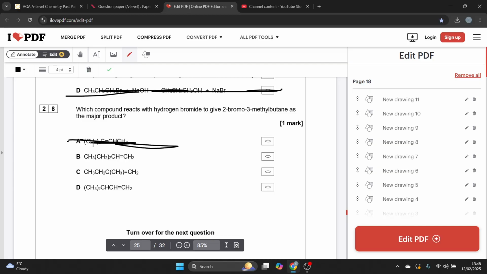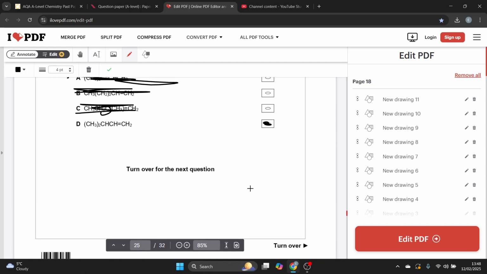Yeah, definitely not. Second one, 2-bromo, but then the third one I've got CH2, so that's not methyl on the third carbon. This one, 2-bromo, same thing. I'm not going to have the methyl on the third carbon. It must be D, if I look, that's 2-bromo. And then on the third carbon, yes, I will have the methyl group. Therefore, the answer is 28D.